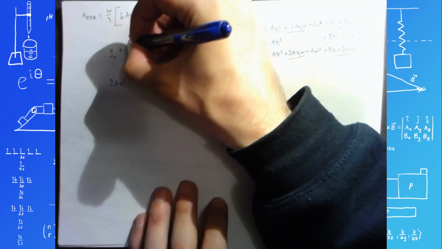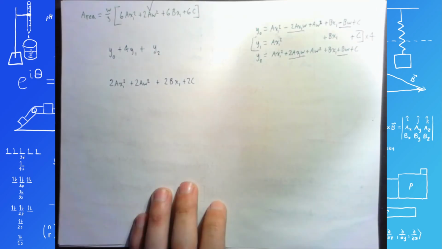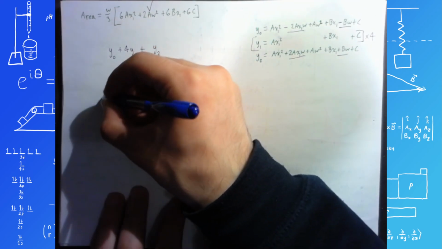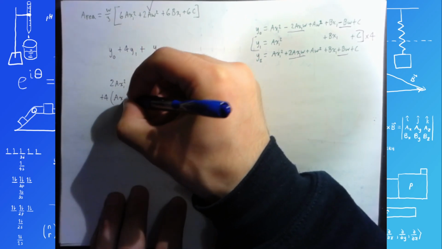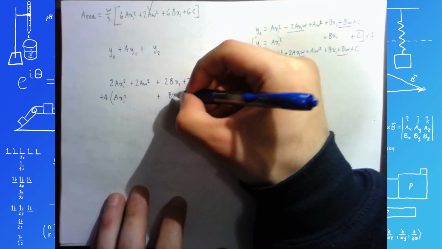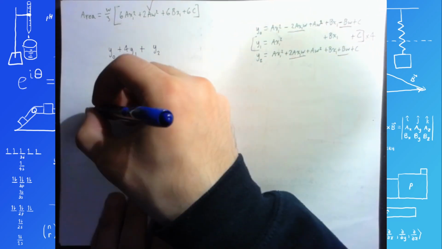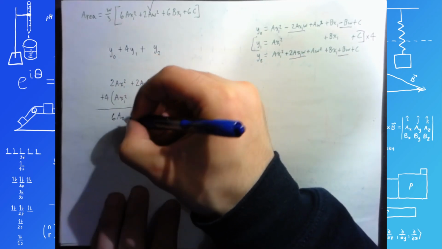So if I add 4 of y1, so plus 4 times ax1 squared plus bx1 plus c, now we get a grand total of 6ax1 squared plus 2aw squared plus 6bx1 plus 6c.